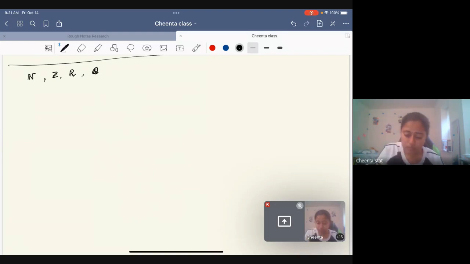So we know that a number system can be represented on a number line. Okay, so this is 0, and if we denote this number as x, then x greater than 0, x less than 0, and at this particular point x equals 0.